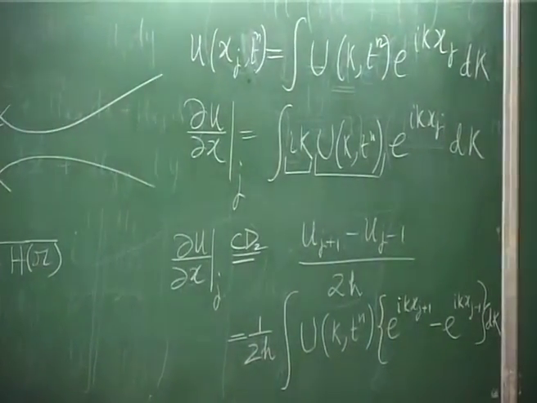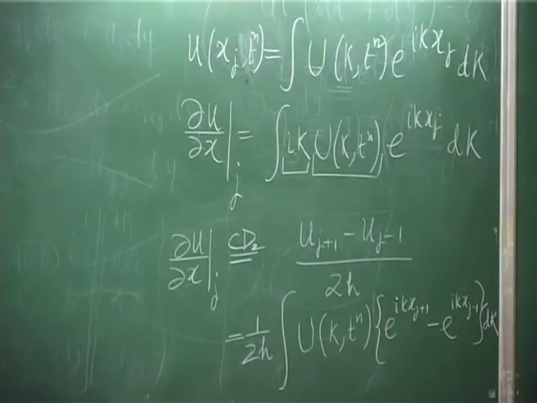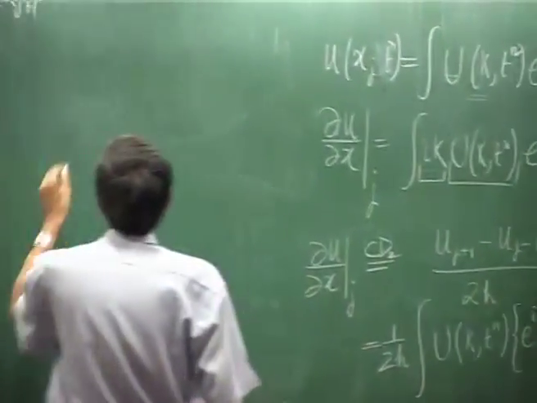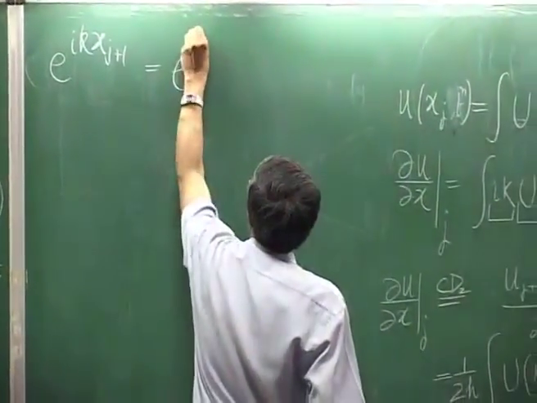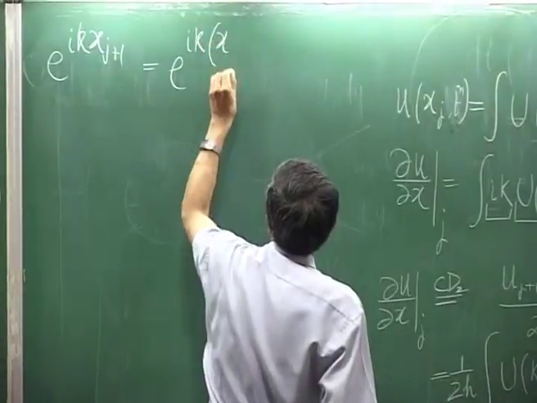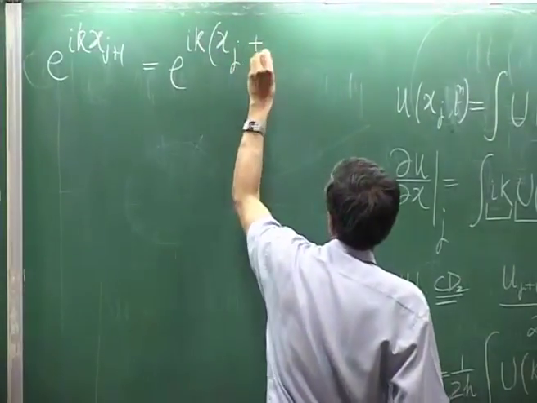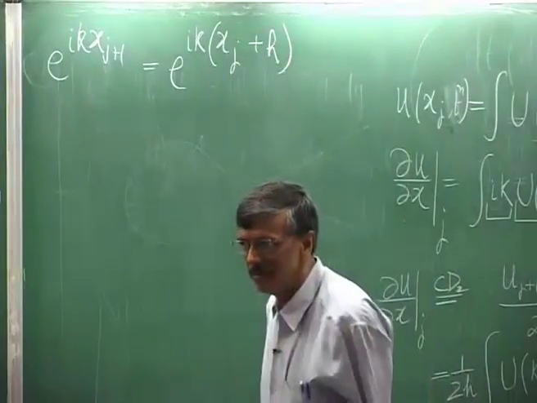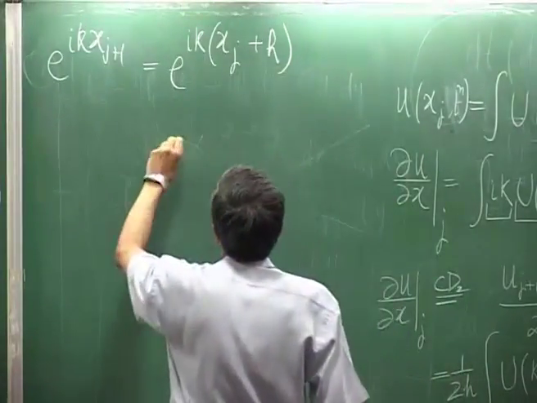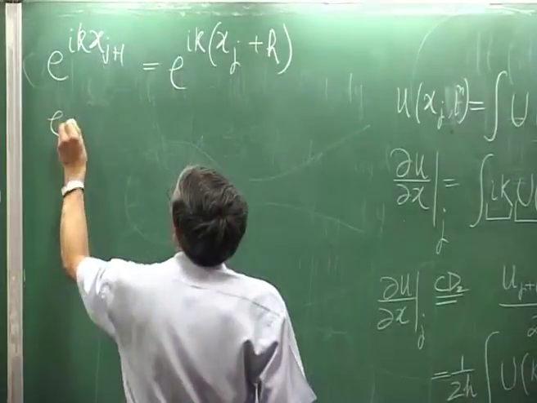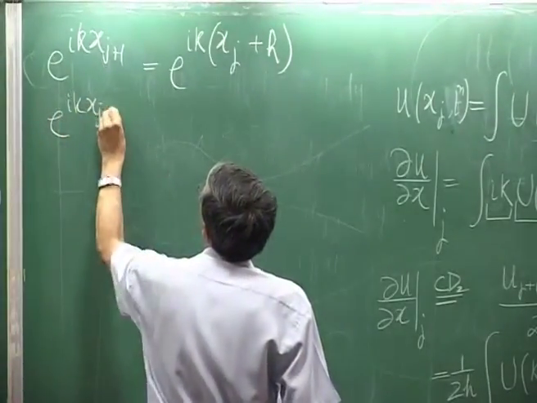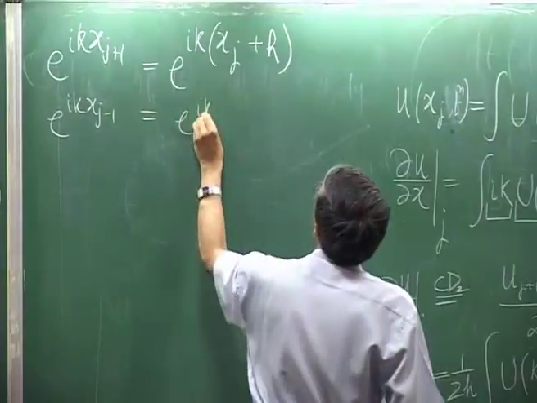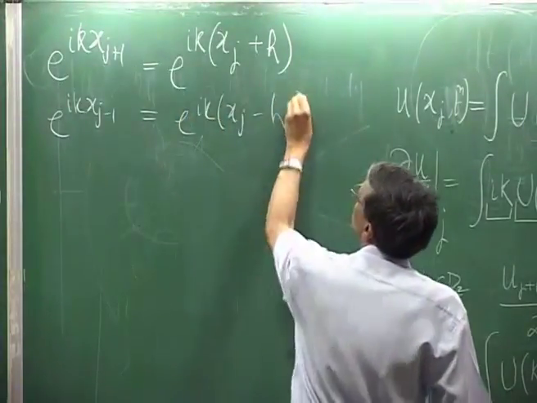Right. Now, if you look at this e to the power i k x_{j+1}, if I take uniform spacing, then I can write e to the power i k x_{j+1} as x_j plus h, right. In the same way, you can write e to the power i k x_{j-1} as e to the power i k (x_j minus h).